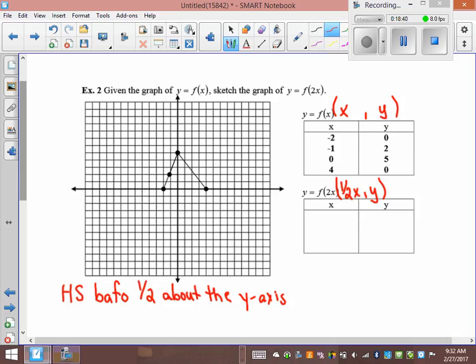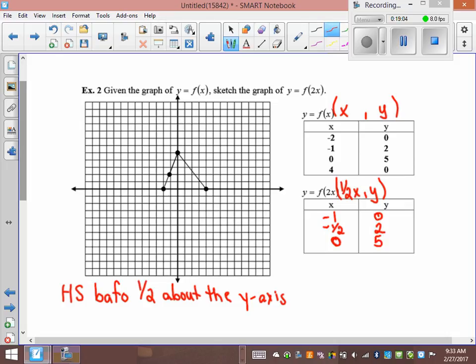So negative 2 times 1/2 is actually negative 1, and then my y stays the same. Negative 1 times 1/2 is negative 1/2, and then my y stays the same. 0 times 1/2 is 0. It didn't change because they're invariant. And then 5.